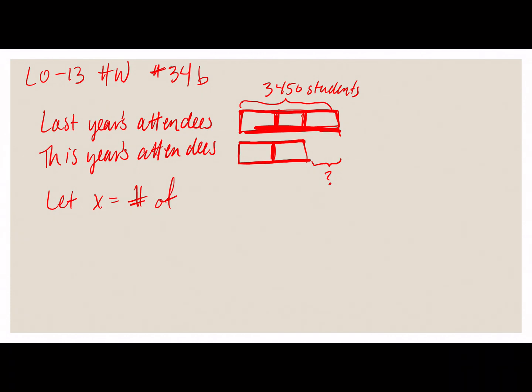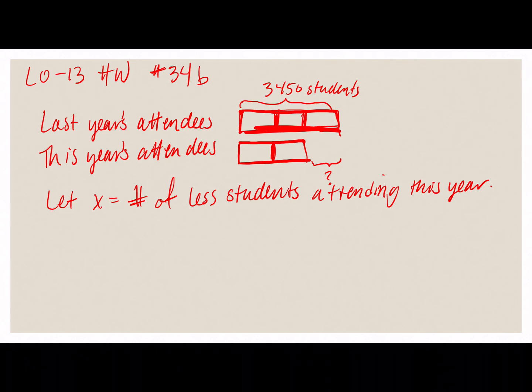So how about if we let x be the question mark? And it will work on this one. Just set x equal to the question mark. So let x equal the number of fewer students attending this year. Okay. That's what we're looking for. That's our unit level anyway.